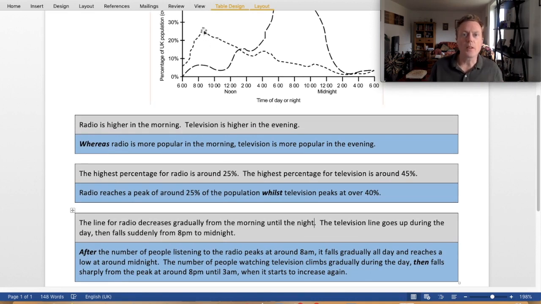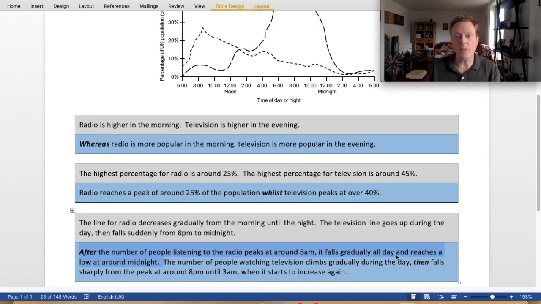After the number of people listening to the radio peaks at around 8 a.m., it falls gradually all day and reaches a low at around midnight. That's this sentence here. So there we've got three clauses now. After the number of people listening to the radio peaks at 8 a.m., clause 1.